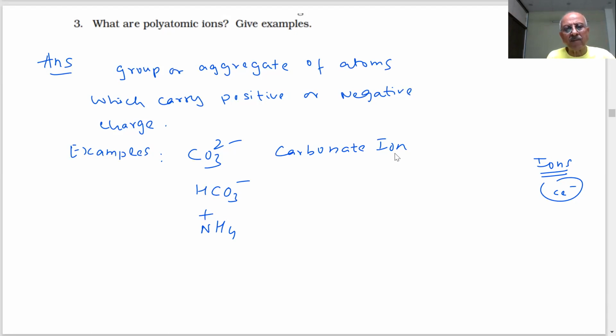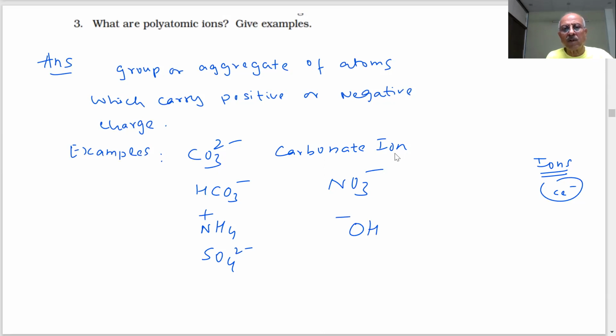These are some of the examples, student. These are called polyatomic ions. They carry some charge, positive or negative. They can be positive or negative ions. It is a group or aggregate of atoms. More than one atom is present here.